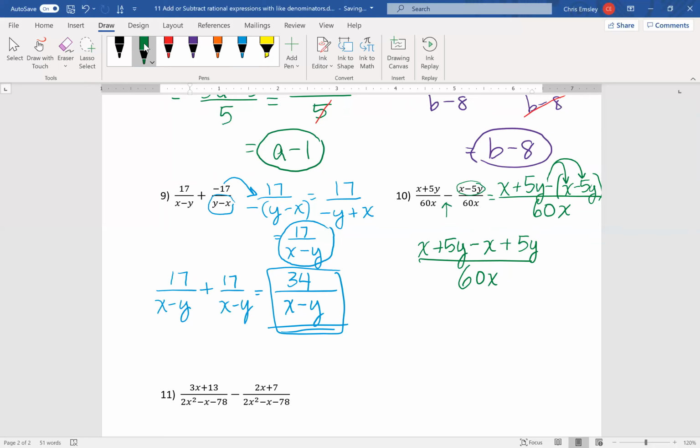We get a couple things going on. x minus x, those two go away, so we're left with just 5y plus 5y. So up top we have 10y over 60x. 10 over 60 can be reduced. Both of those coefficients can be divided by 10. So we end up with just 1y, or y, over 6x for that one.